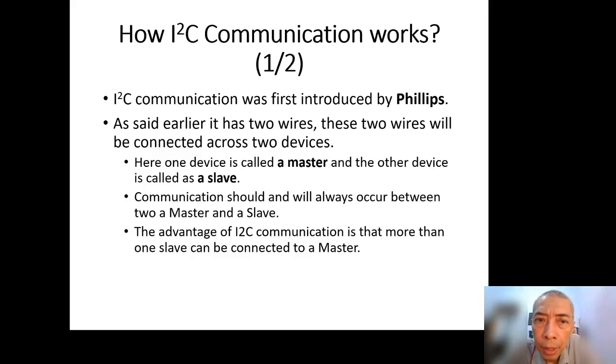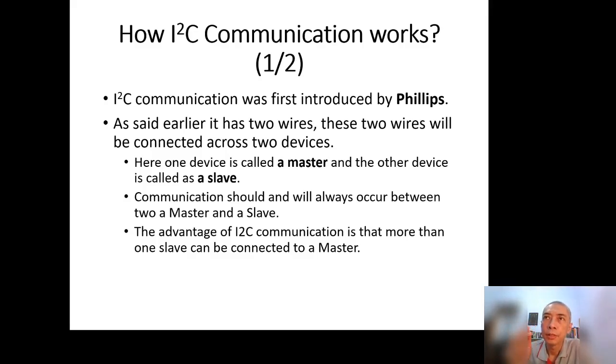So how does I2C communication work? First, I2C communication was introduced by Philips. As said earlier, it has two wires. These two wires will be connected across two devices. So the minimum is two devices, one is slave and the other is master.